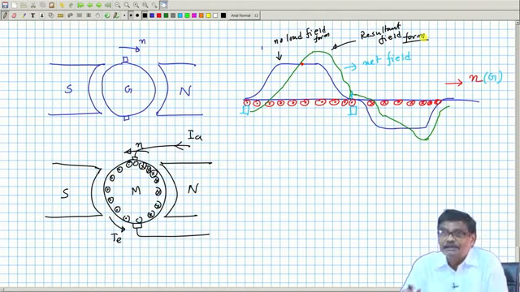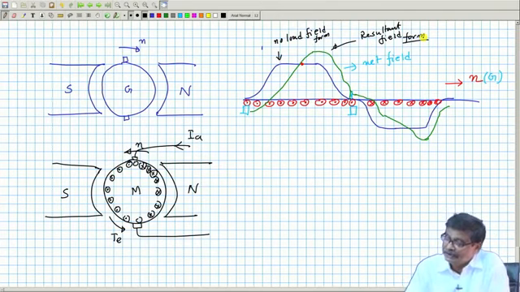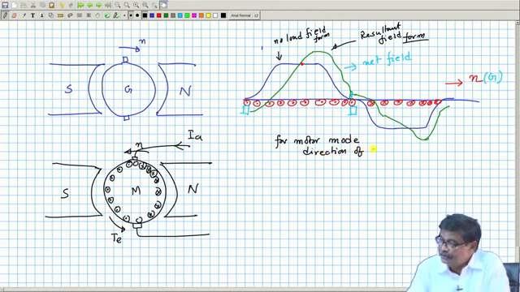What I am telling now is that this same field waveform can be attributed to the motor. The only thing is, for motor mode, you reverse the direction of rotation.